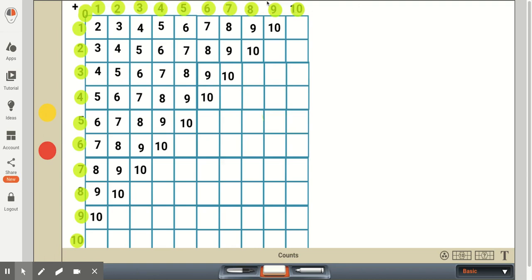Now, if the problem says 0 plus 3, once again, they don't have to count on from 0 to get to the 3. They simply can switch the facts, so it's 3 plus 0. Once again, they recognize that they're not adding anything to the 3, so 3 plus 0 would be equal to 3.